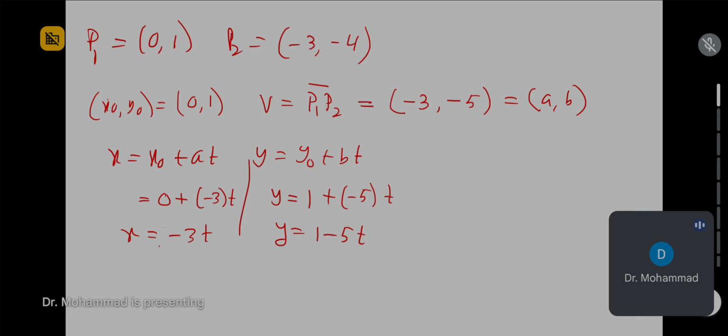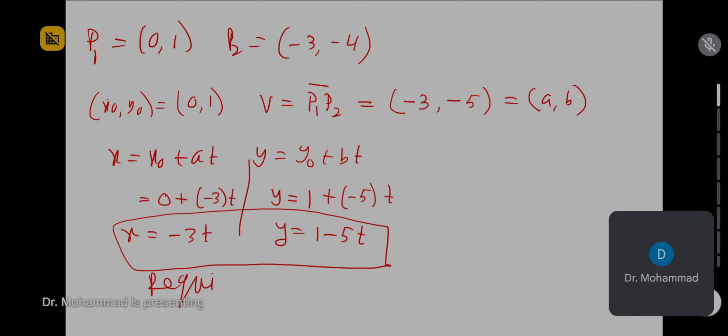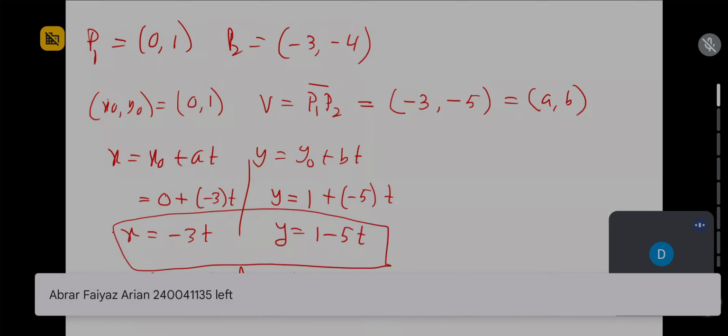So we have the parametric equations now. x equals -3t and y equals 1 minus 5t. So this is our required parametric equation. If you wish to go back to P1 or P2, then what should you do for t?